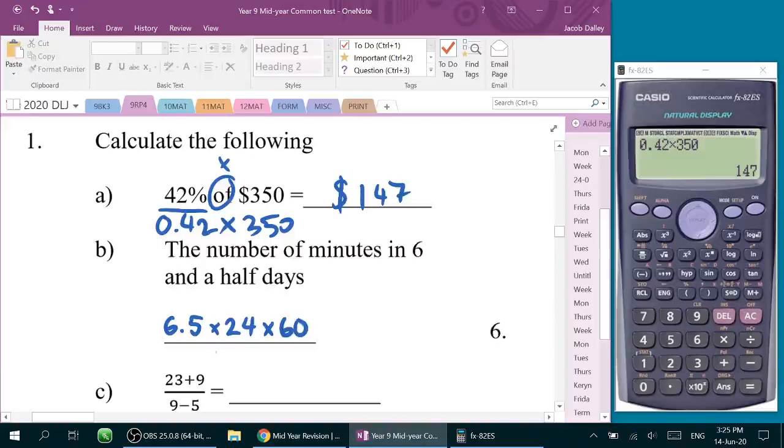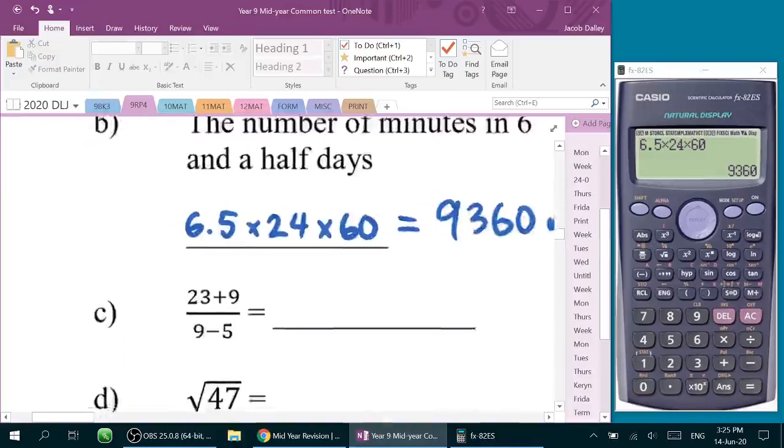So 6.5 times 24 times 60 will give us our answer. 9,360 minutes.